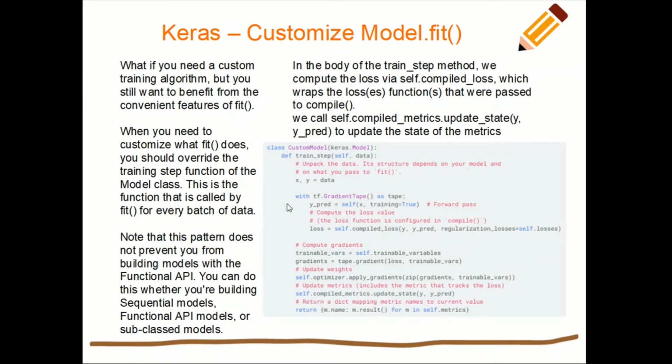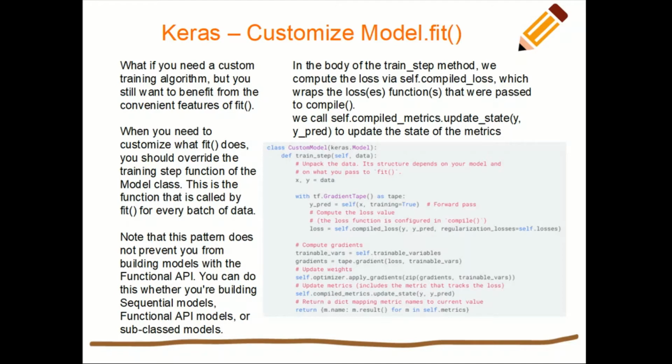Now we also discussed that model.fit is built to cater to most common training scenarios. But what if we have some specific needs, but we still want the convenience of the model.fit method? We want to use the model.fit method, but we also want to change it.